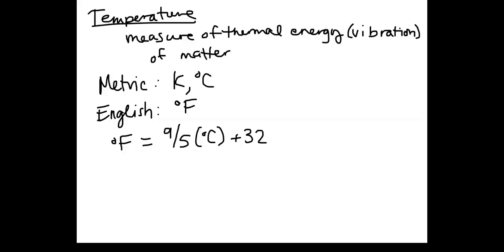But if you need to solve for Celsius, I'm not going to give you that version. So you're going to have to say, okay, well, Celsius is equal to Fahrenheit minus 32 and divided by 9. Okay, I'm only going to give you this version. If you solve for Celsius, you need to be able to do that. You can also write this as 1.8 times degrees Celsius plus 32. 9/5 is equal to 1.8.